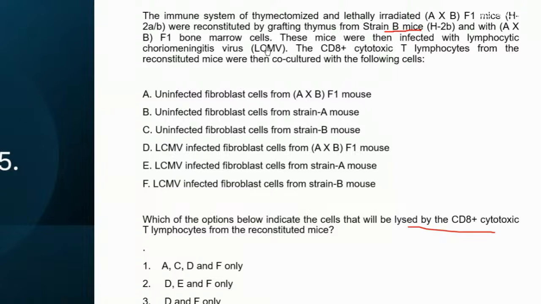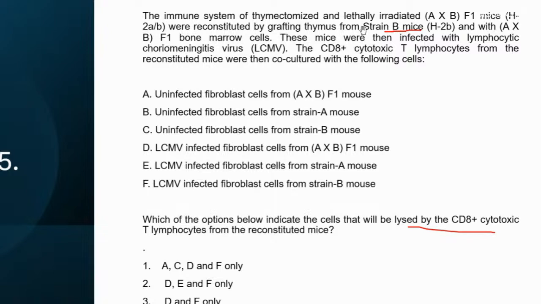Okay. So now that means it can generate the antigen presenting cells with both your H2A and H2B. Now, this T cell selection only occurs on your H2B MHC. That means the cytotoxic T cells will primarily recognize H2B restricted targets.